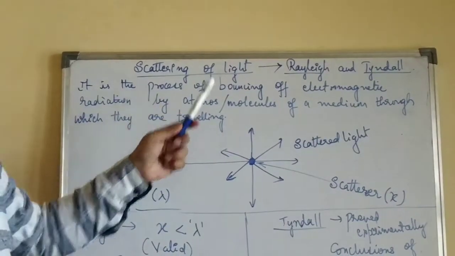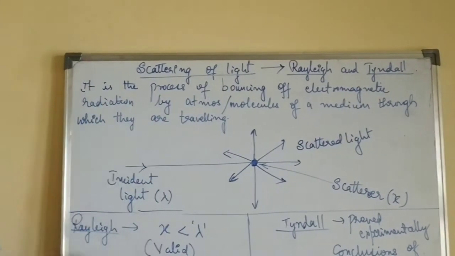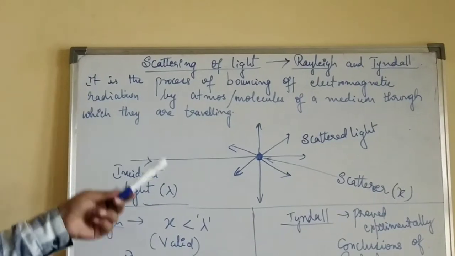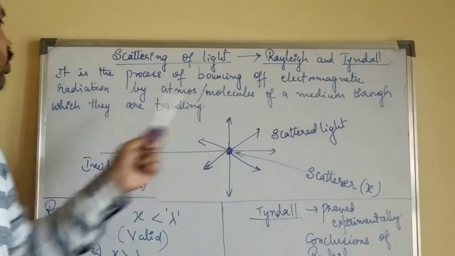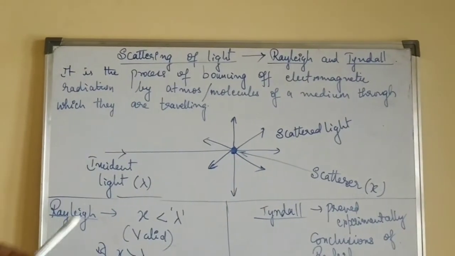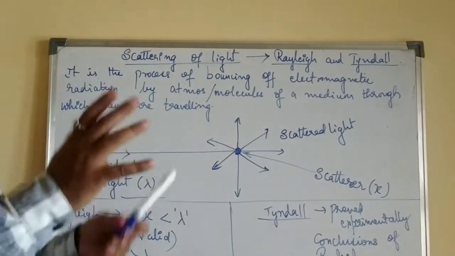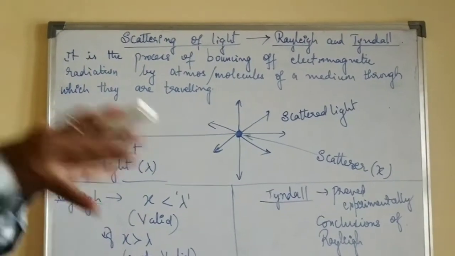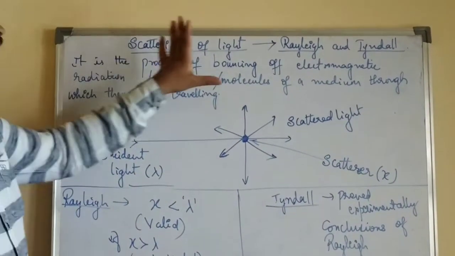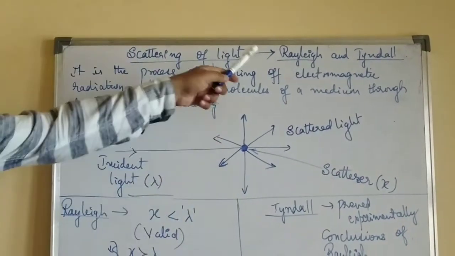It is the process of bouncing of electromagnetic radiation by atoms or molecules of a medium through which they are traveling. Whenever a ray of light is traveling in a particular medium, it gets scattered by the atoms and molecules of that medium. That is called scattering of light.